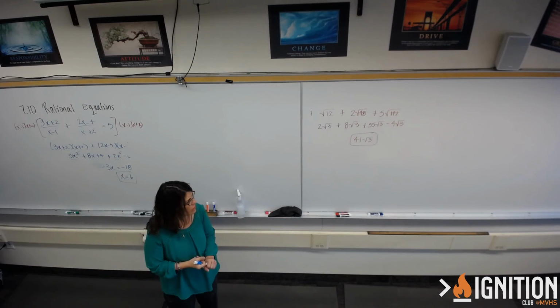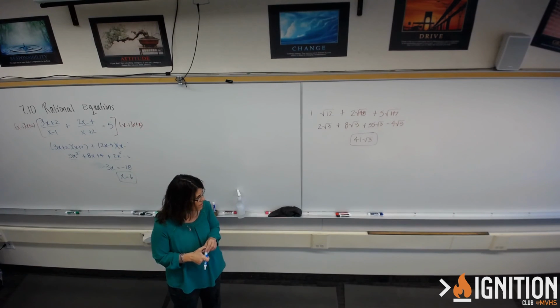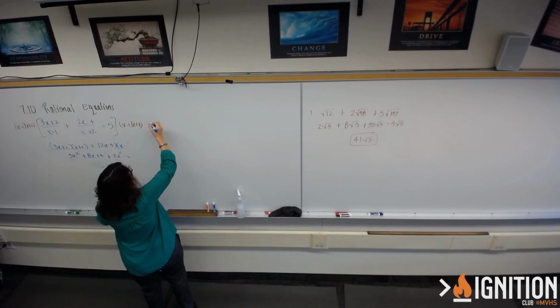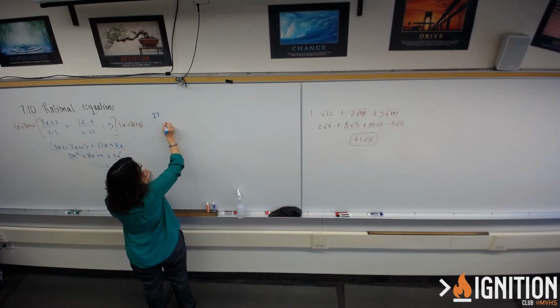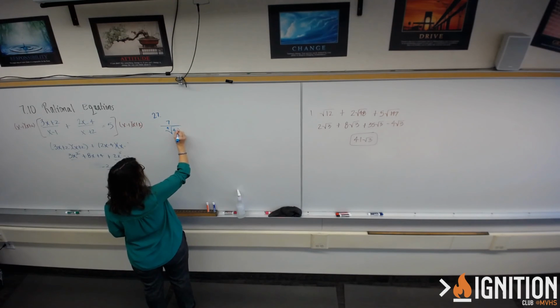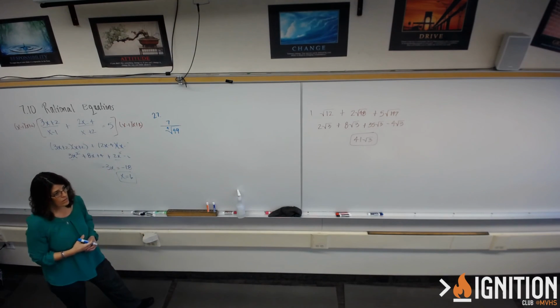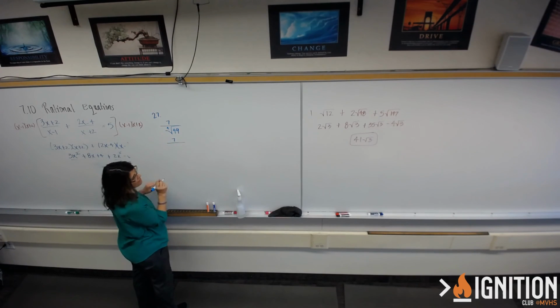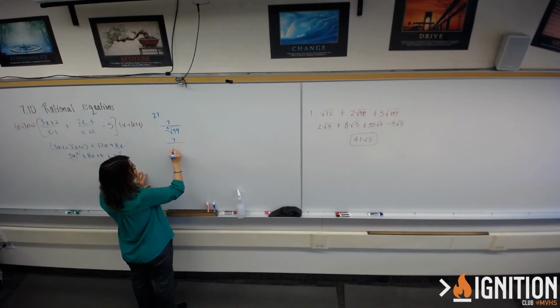Okay, number 49. Which one? 27? Okay, 7 over the fourth root of 49. Because I did it the way where you do like 7. That's exactly what I would have done. 49 to the 1/4. This is 7 squared.